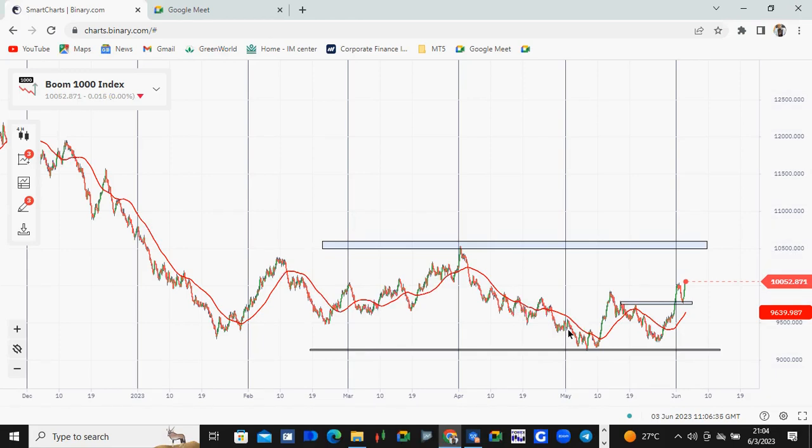It was a good opportunity for sellers. The whole April, it was a downtrend, so it was a good opportunity for sale. Now, when you look at March, it was an uptrend, a bullish market. It was a good opportunity for buyers.